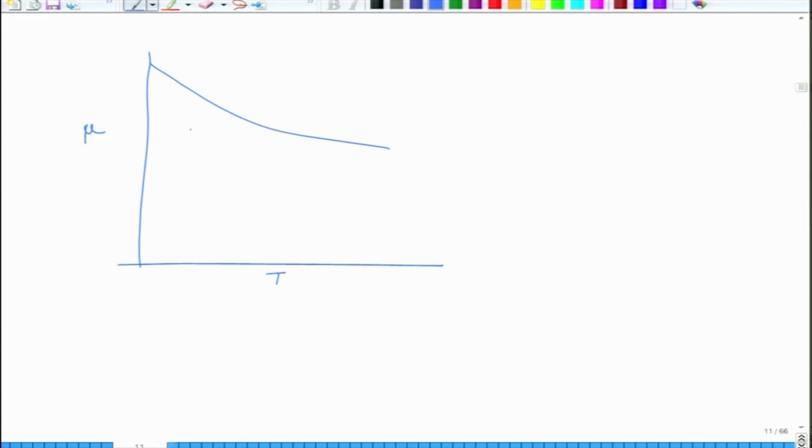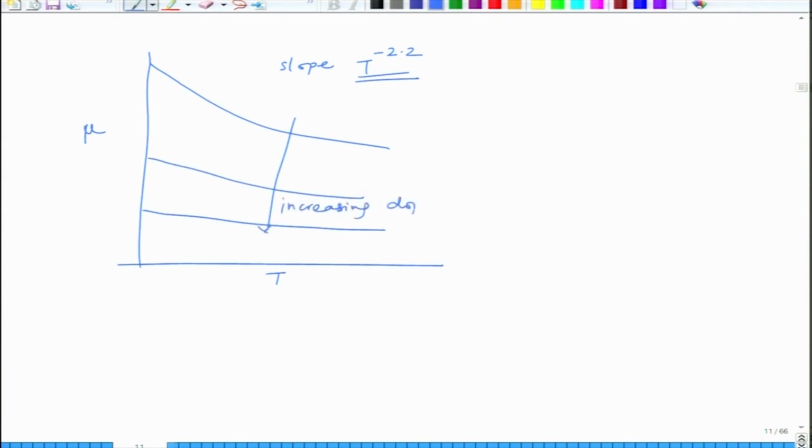If you look at the slope of this plot, it is approximately 2, so it goes as T to the power minus 2.2 or so. They tend to vary a little faster at lower doping levels. At higher doping levels they tend to be relatively flatter. So you can say this is increasing dopant concentration.